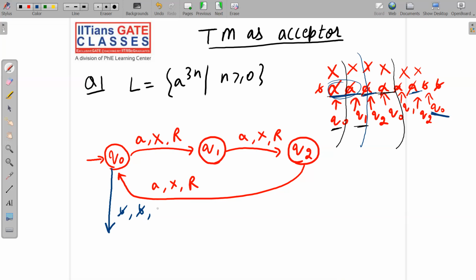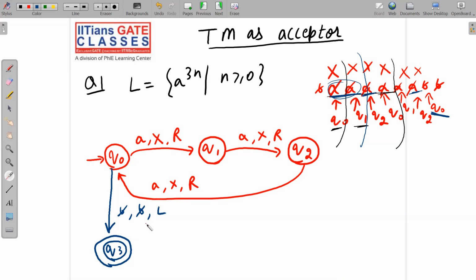Move left or right. Let me move left, and we will jump to state Q3, and Q3 will be our final state. Please note it down carefully. As soon as the Turing machine reaches the final state, it cannot read anything extra. Even if we write some move on the final state, the Turing machine won't change state or move.